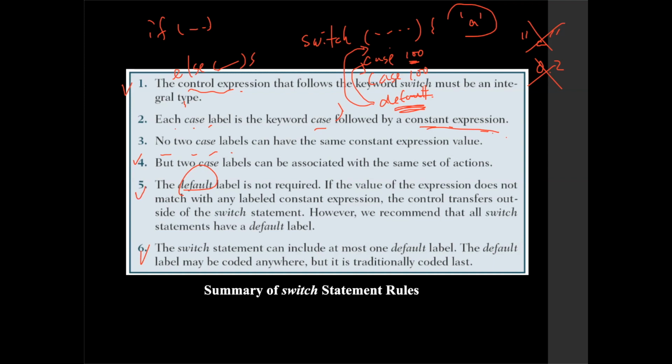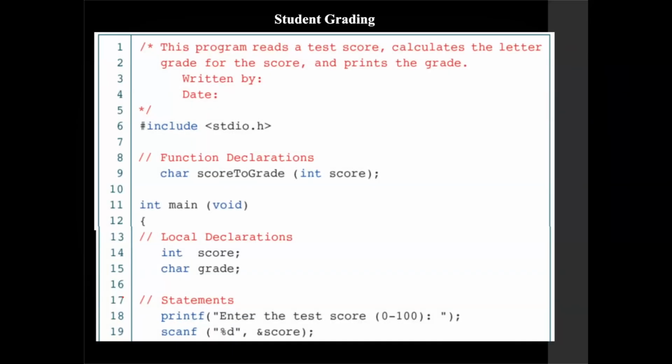Let's move on to other use cases. This is a sample code that illustrates how to convert a numeric score into a letter grade. First, this program asks the user to enter the test score. So the user, in this case presumably a teacher, enters a number, and this program gives a letter grade out of it. This is a local declaration statement and the function declaration. We haven't talked about functions yet, but this quickly illustrates the use of switch.